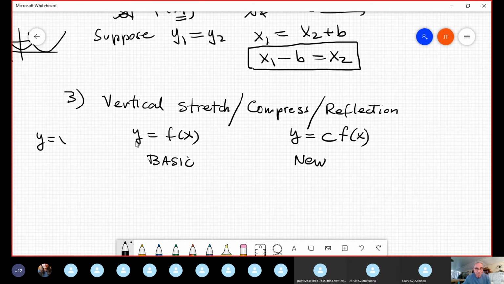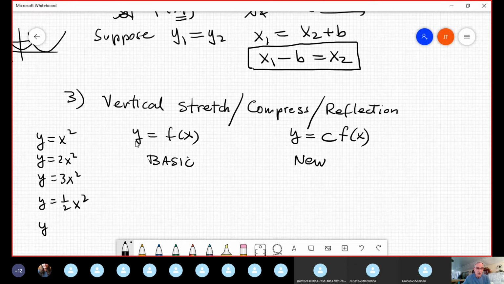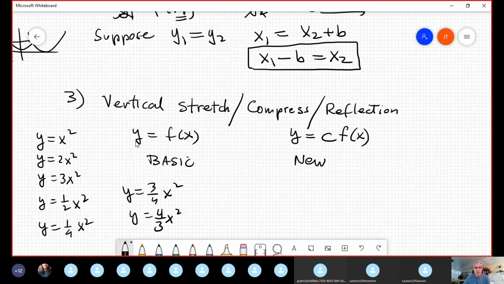Suppose the basic parabola, and you multiply by 2 or by 3, and this is a c value, or by half, or by 1/4, or 3/4, or 4/3. And this is what happened.